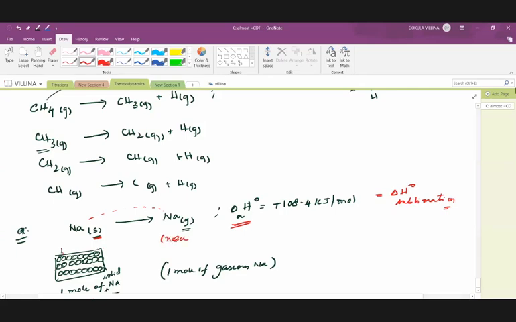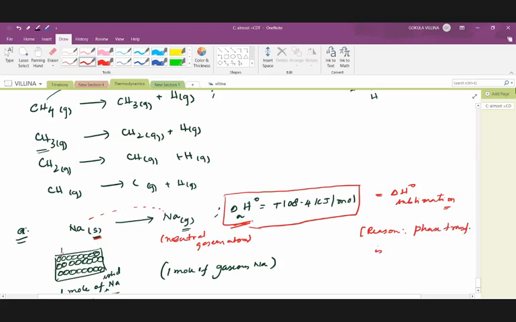That's why this enthalpy of atomization will be equal to enthalpy of sublimation, because phase transformation is involved. So this is the example.